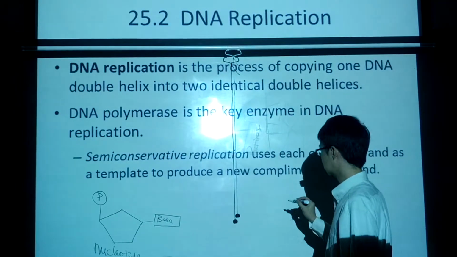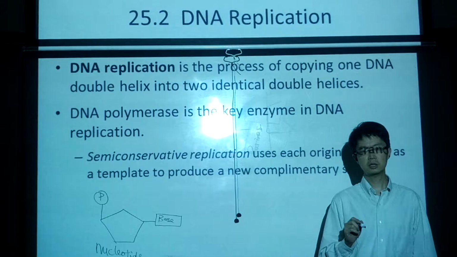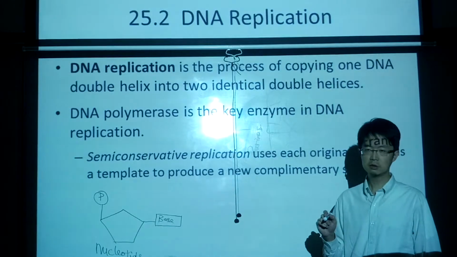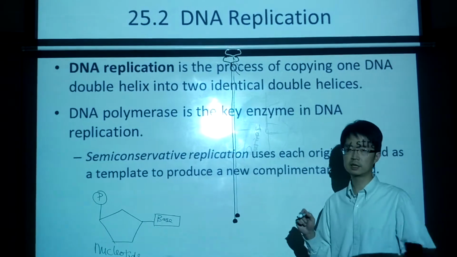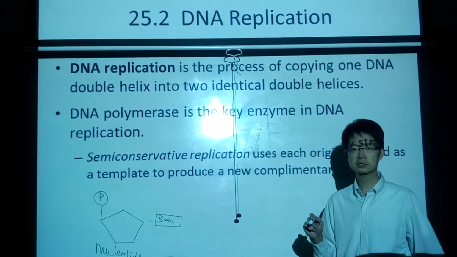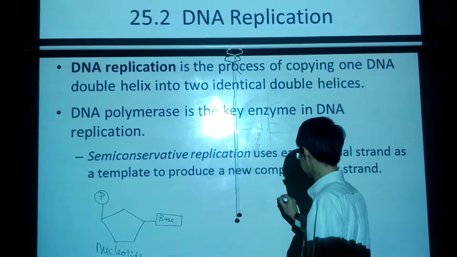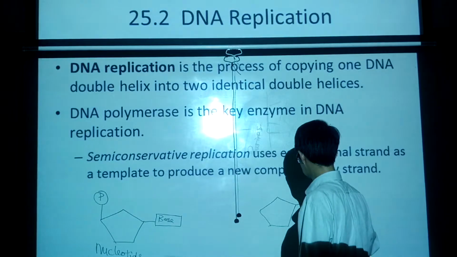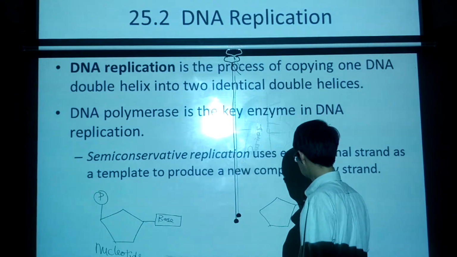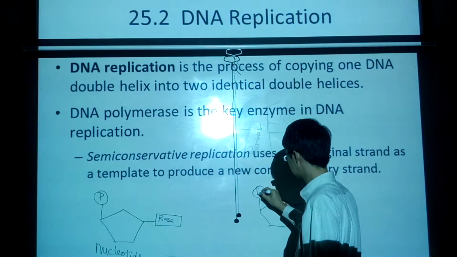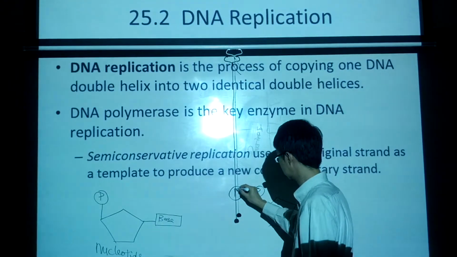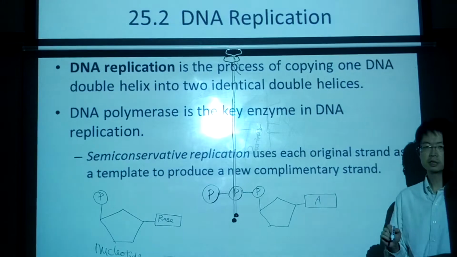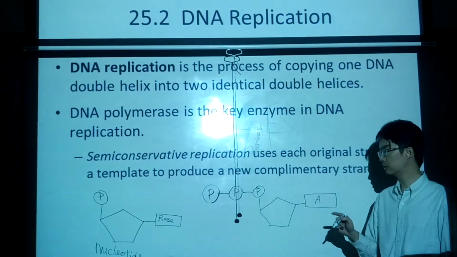If you remember the lecture from the beginning, when we talked about the four major types of macromolecules, under the nucleic acids we gave you examples of DNA, RNA, and then what is the last example we gave you? After DNA and RNA, we gave you this molecule.